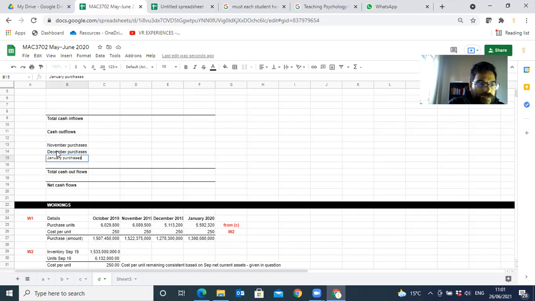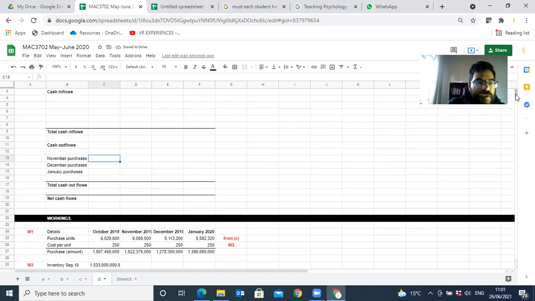Now, what do we know? 50% of November's purchase is made in November. Okay, you're happy with that? So I'm going to say that's November's purchases times 50%. Make it negative as it is the payment. The other 50% is made in December, so I'm just going to say equal the other 50% times 50%.